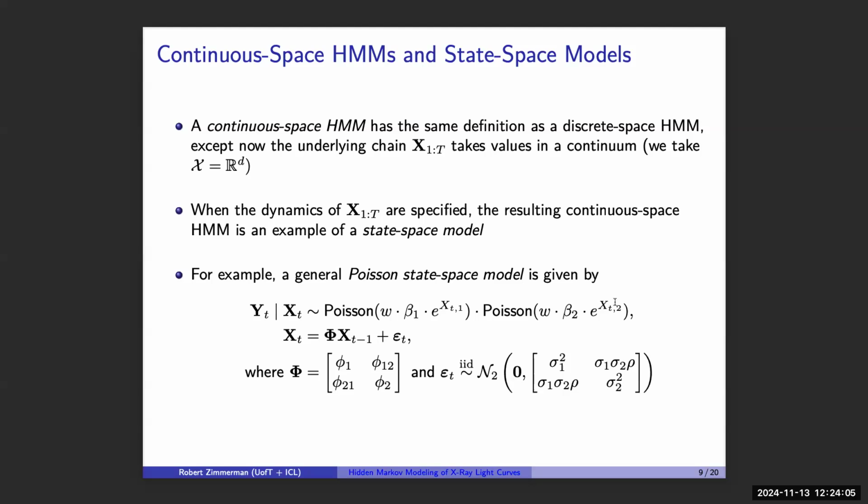When I say product, I mean that the components of y are conditionally independent. So yt1 follows this Poisson distribution, and yt2 follows that Poisson distribution. That describes the observed data conditional on the underlying chain.